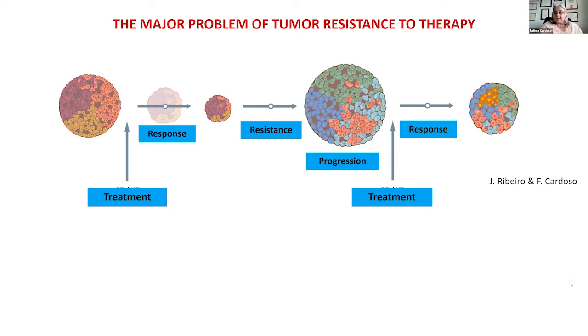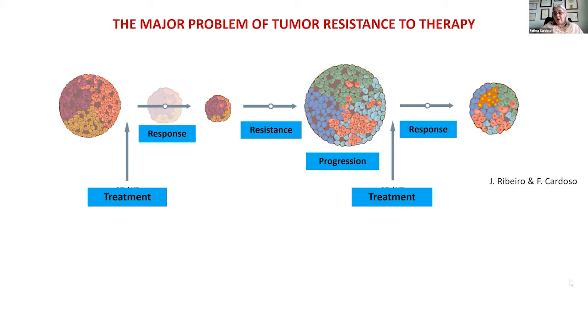So what can we do at this time? Well, we have to stop the treatment that we were giving and start a new treatment. And then in principle, there will be a response, and this is a cycle. And that's why we sometimes say that life with metastatic disease is a kind of roller coaster, because there is good happening when there is a good response to the treatment, but then eventually there's always resistance. And then you get depressed because you say, why did it stop working? It was working so well.